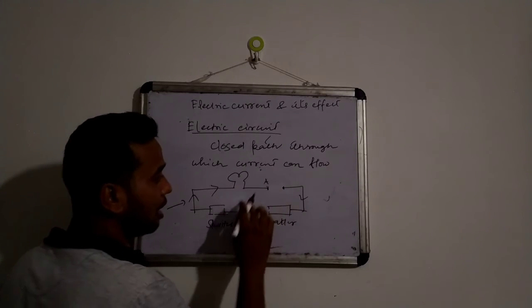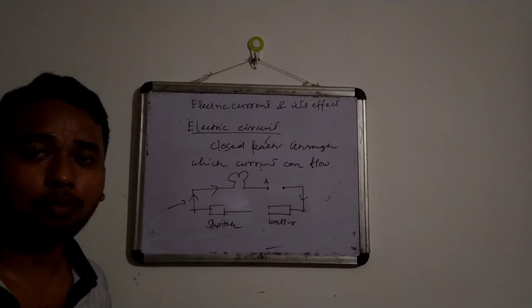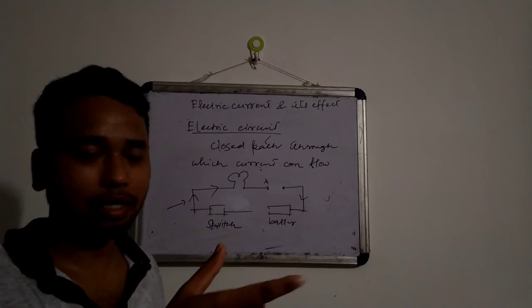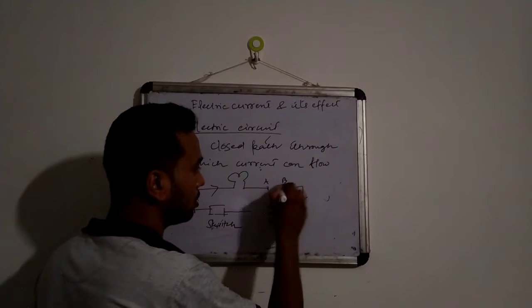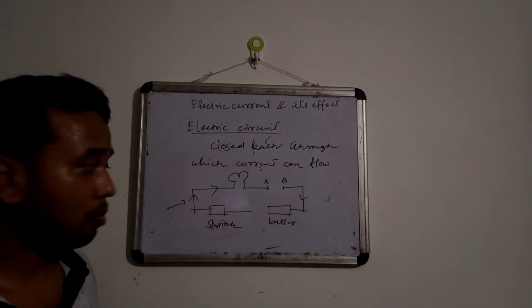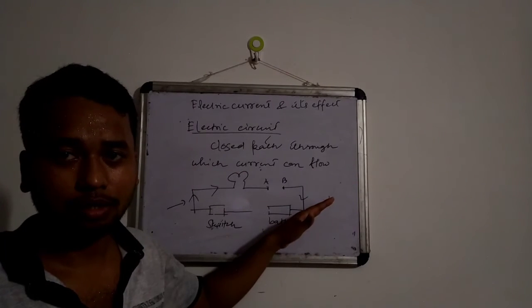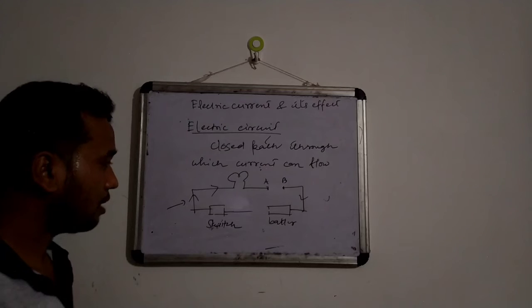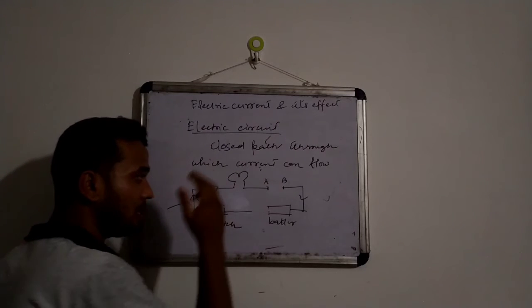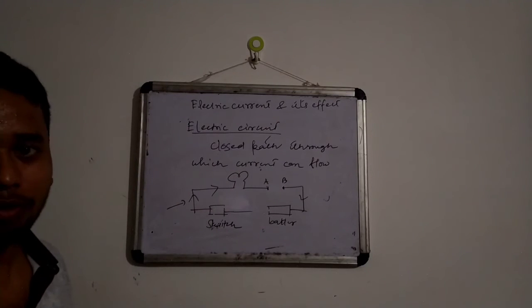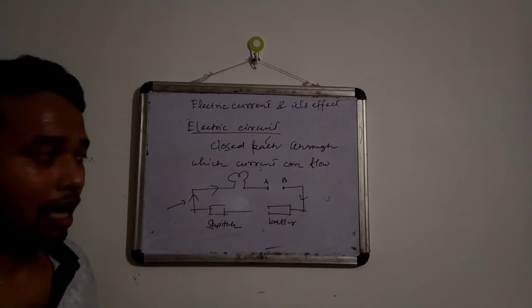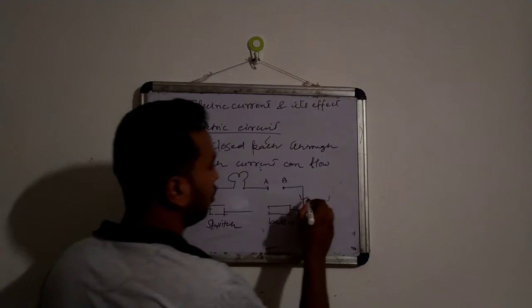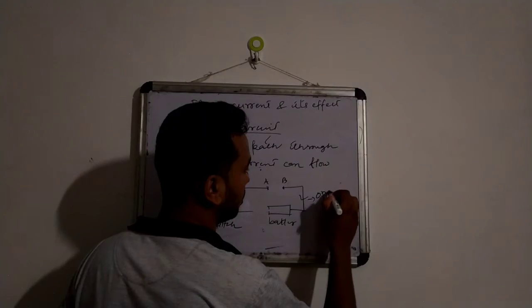That is why current can't jump from one point to the other. Suppose this is point B. Current can't jump from A to B, and that is why there will be a breakdown of the flow of current, and in this case we call it an open circuit.